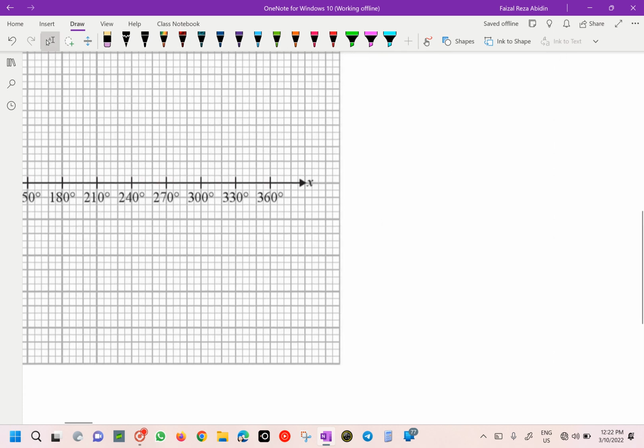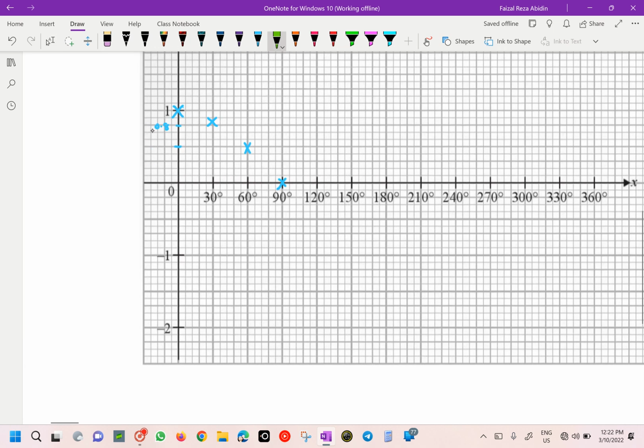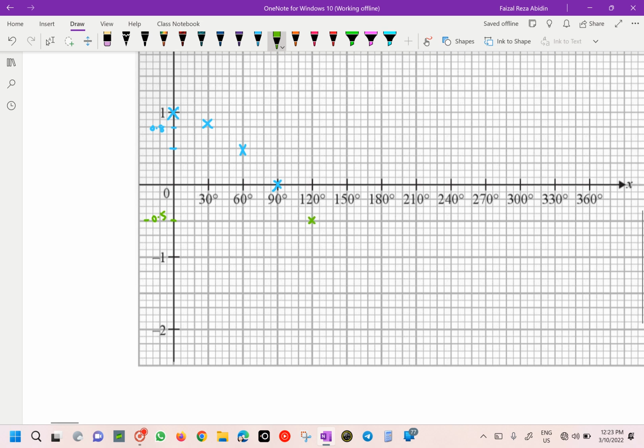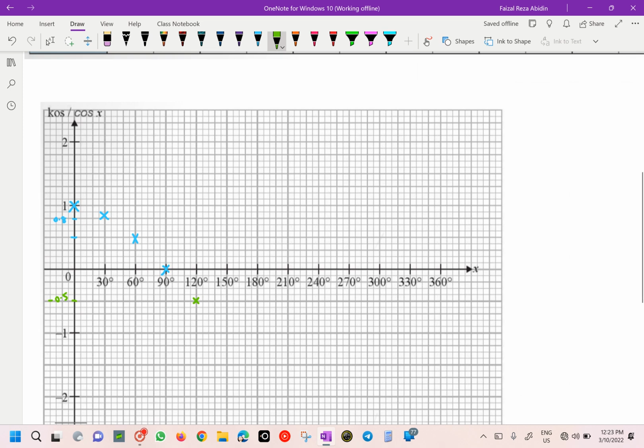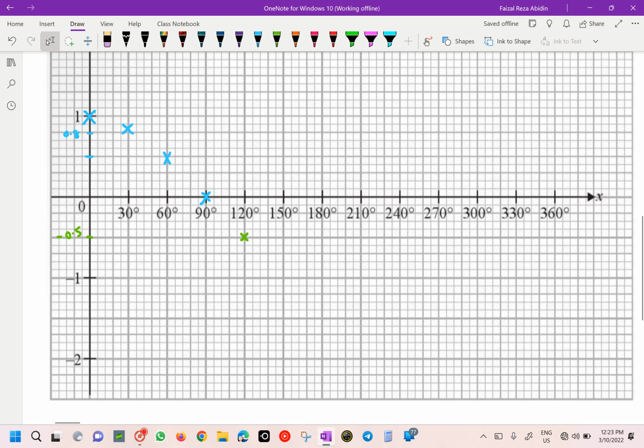Negative 0.5 is going to be here. Okay, so we are going to get here. Next, negative 0.87. 5, 6, 7, 8. Okay, this is negative 0.8. So it's going to be down here.